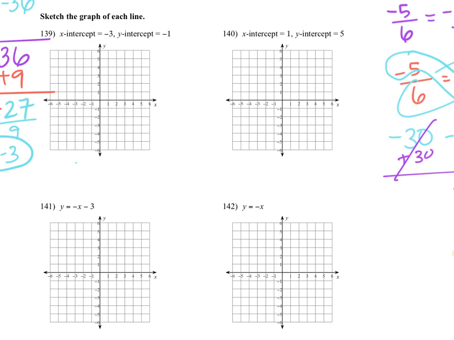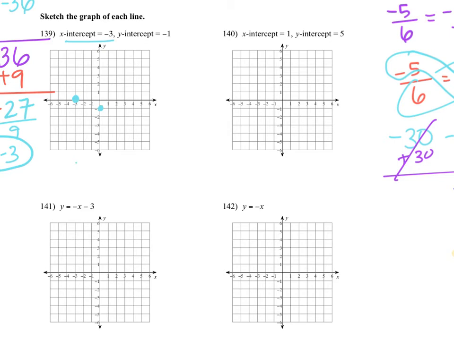All right, moving on to the next section. You have an x and y intercept. So literally x-intercept means where it crosses the x-axis. So if the x-intercept is negative 3, then that's my x-intercept. And if the y-intercept is negative 1, then this would be my negative 1 intercept.